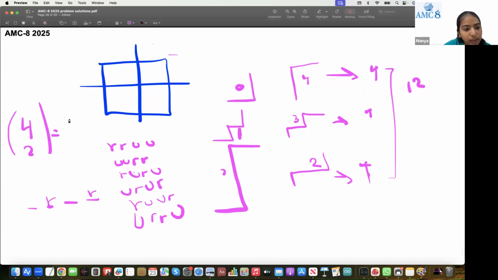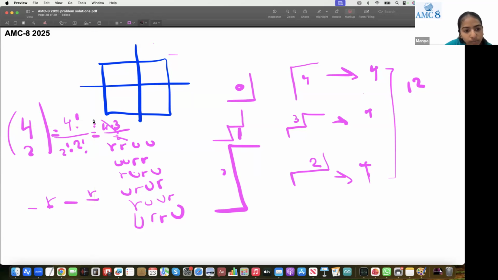So 4C2 means that 4 factorial divided by 2 factorial times 4 minus 2 factorial, just 2 factorial. So 4 factorial by 2 factorial times 2 factorial will be giving us 4 times 3 times 2 factorial by 2 factorial. So that will be once again giving us 6.